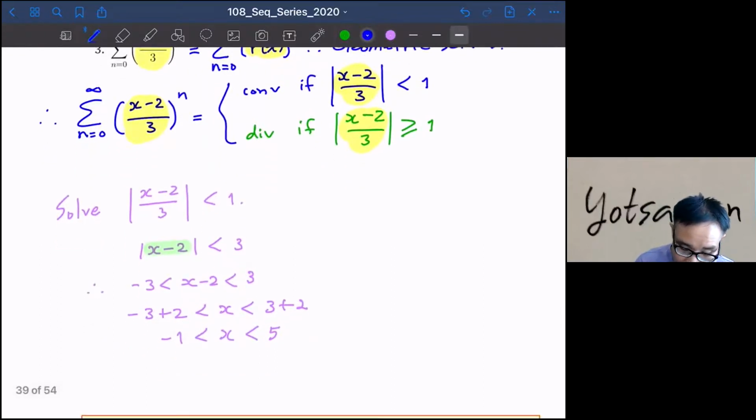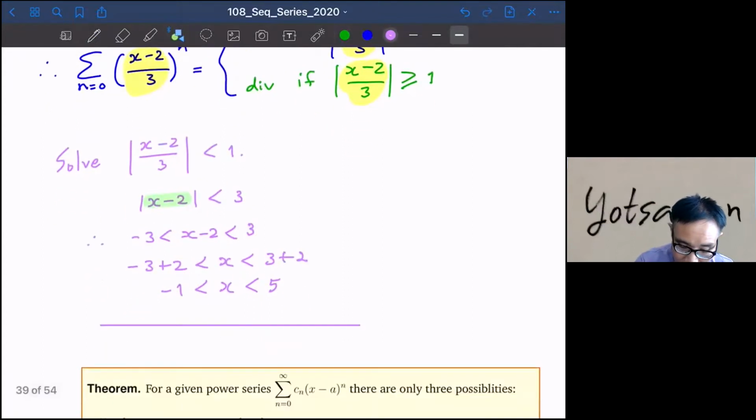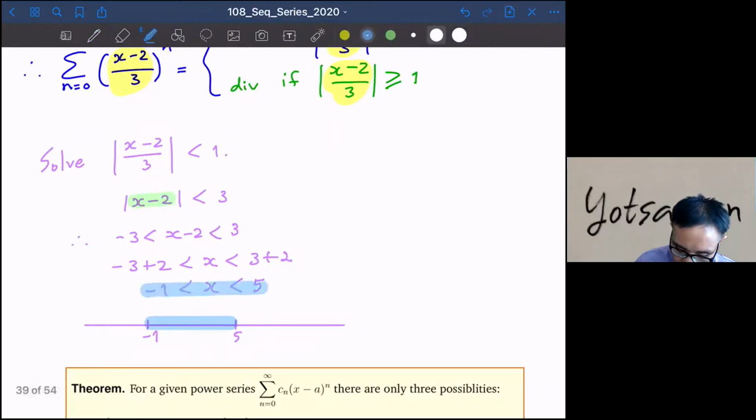So you're going to draw a real number line and just put negative 1 and 5. You have x between these two points, so this is where it's going to be convergent, and you're going to have divergence outside.